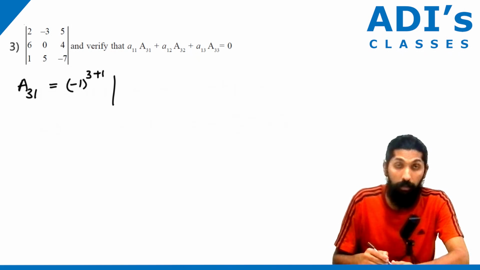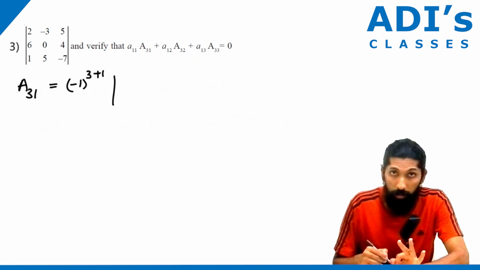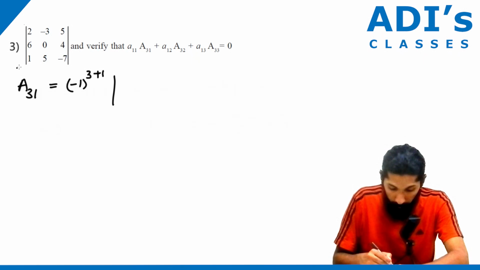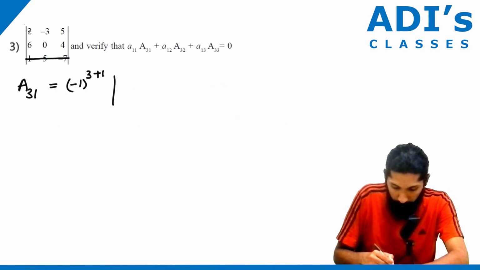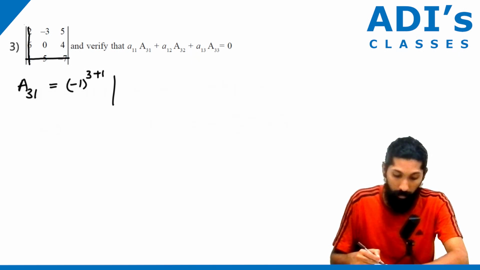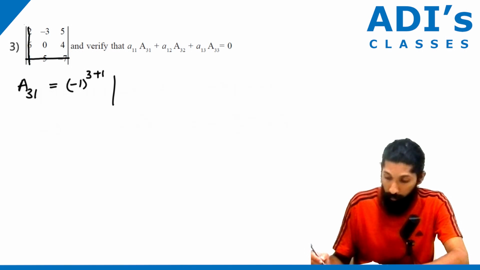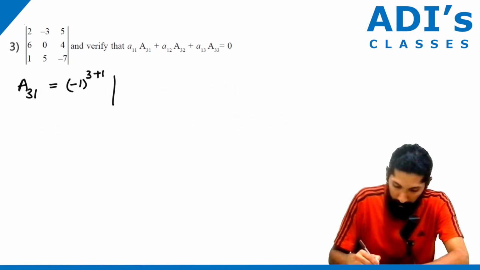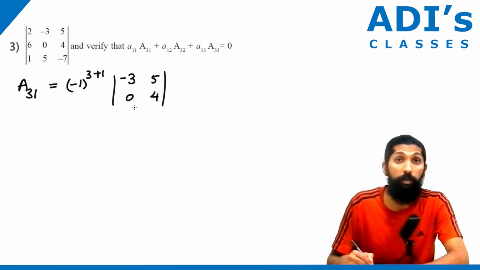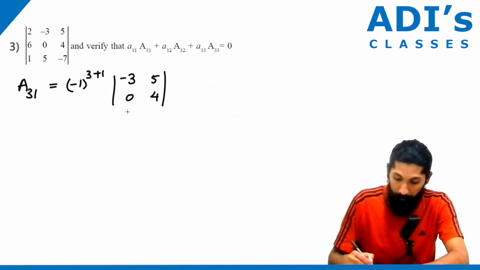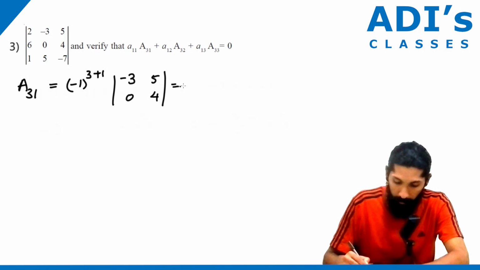A31 is third row, first column. So you get minus 3504, correct? Minus 1 power 3 plus 1 is just 1. Then you're going to have 1 into minus 12, which is minus 12.